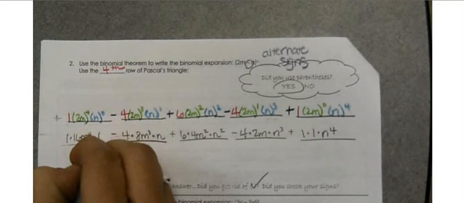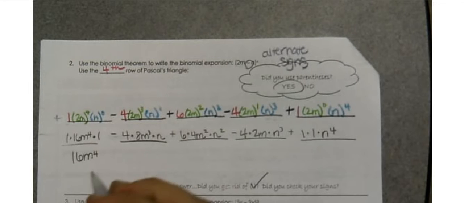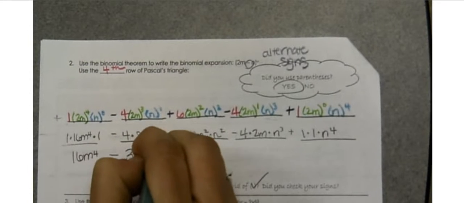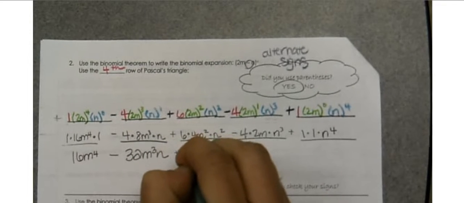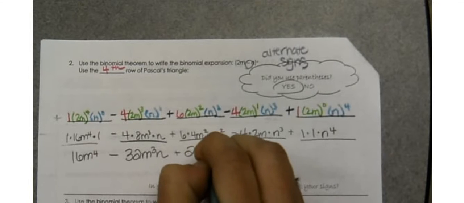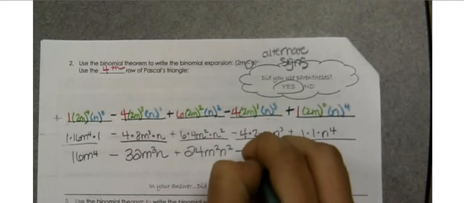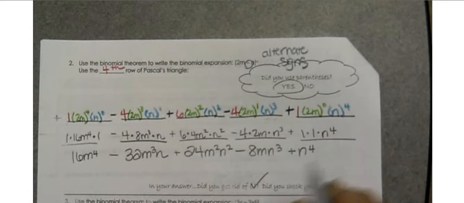Just simplify each term. That gives me 16m to the 4th, 32m cubed n, 24m squared n squared, 8mn cubed, and then n to the 4th.